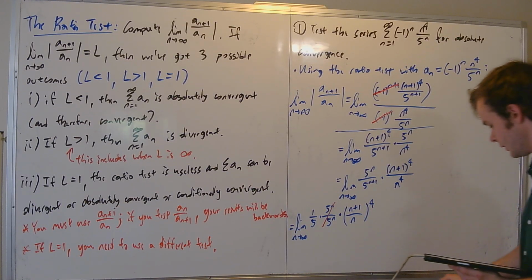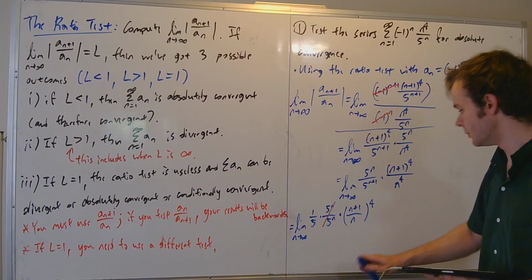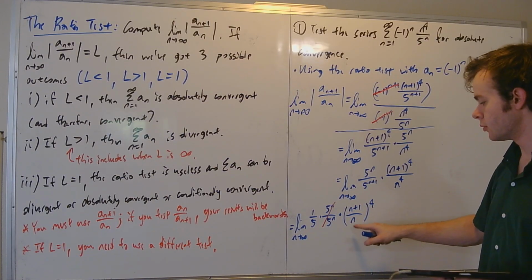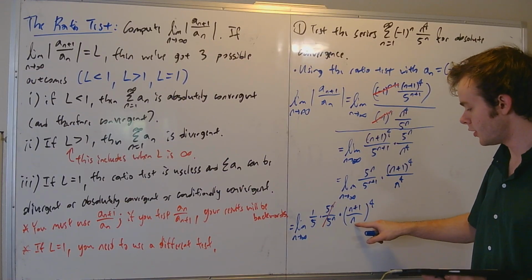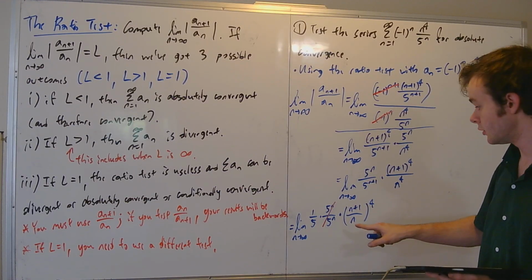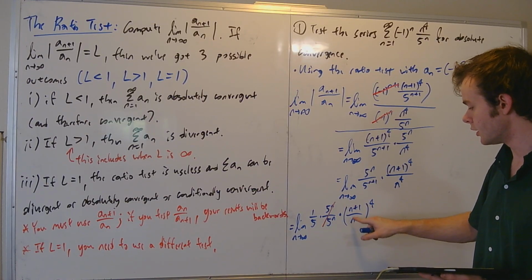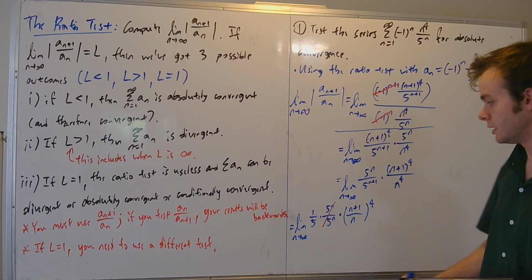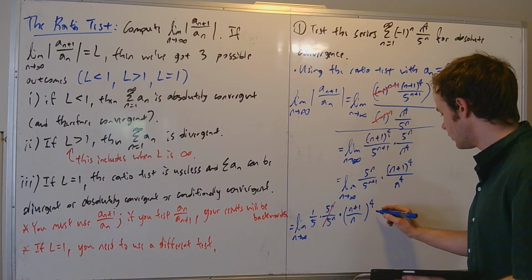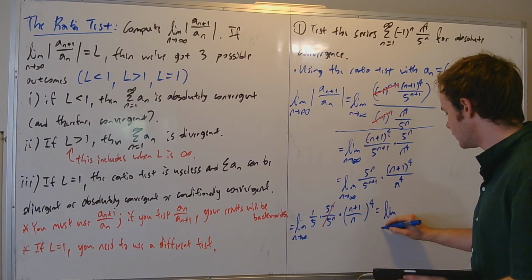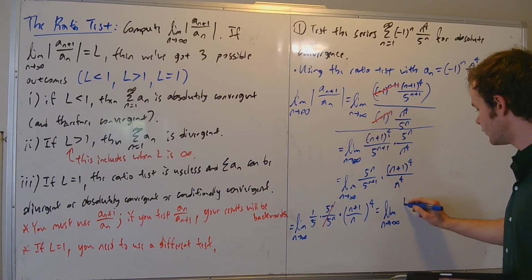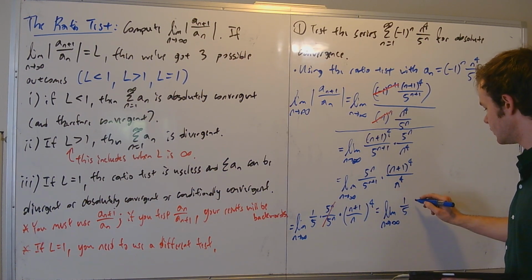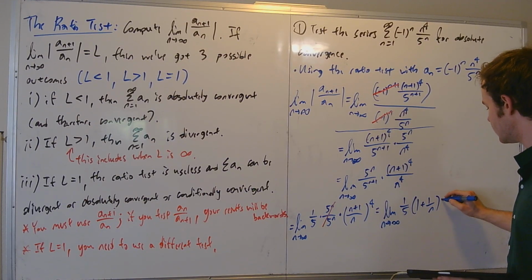And now what we've got, we're trying to find this remaining limit, and remember, whenever we're trying to deal with these fractions, we want to divide by the highest power of n in the denominator. So we're going to divide the denominator by n, and we're going to divide the numerator by n. And if we do that, we're going to get the limit as n goes to infinity of 1/5 times 1 plus 1 over n to the power of 4.